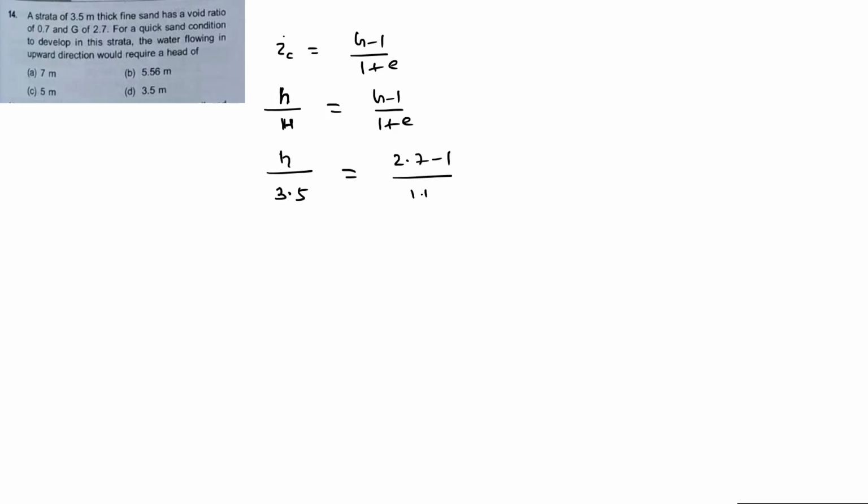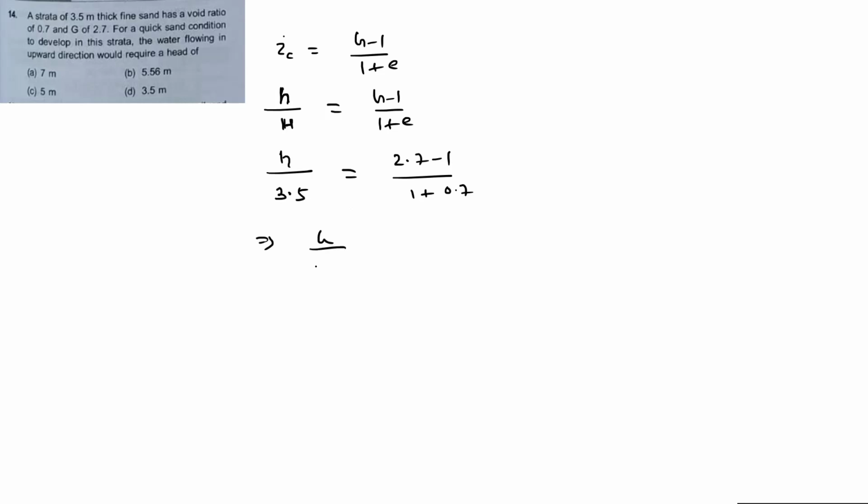So you know that ic is equal to G minus 1 divided by 1 plus e. And ic is h upon capital H, that is head causing flow divided by length of flow, equal to G minus 1 divided by 1 plus e. Here capital H is 3.5, G is 2.7, minus 1, divided by 1 plus e, where e is 0.7.